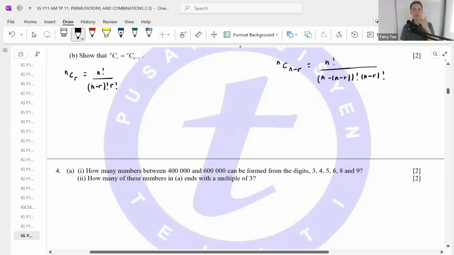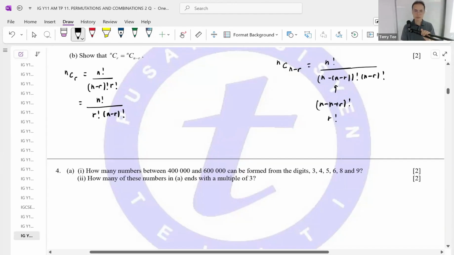Actually it's easier to start from the right, going towards the left. But if you start from the left to move to the right, you need to create this out of thin air. So what I do is I first switch the position: r factorial, (n minus r) factorial. You understand this? Then you realize that this n minus n plus r gives us r factorial.